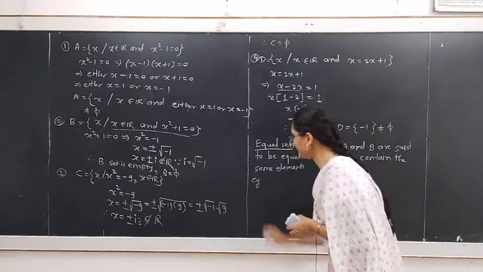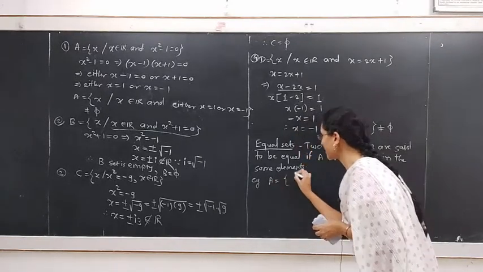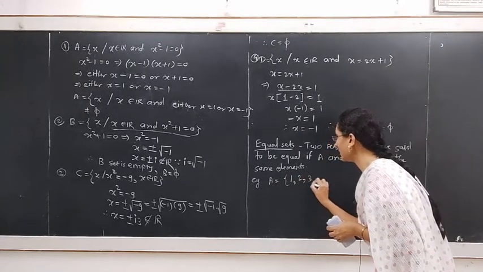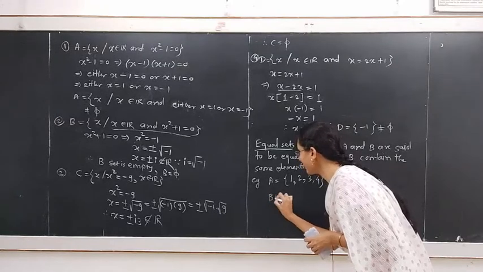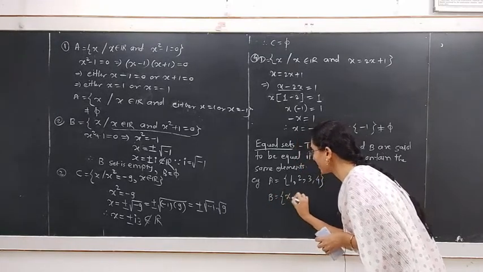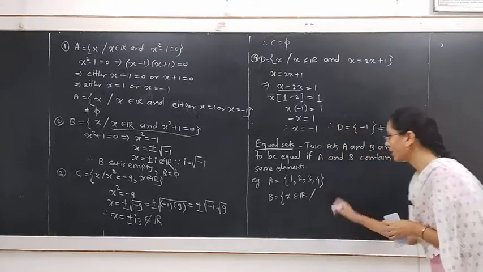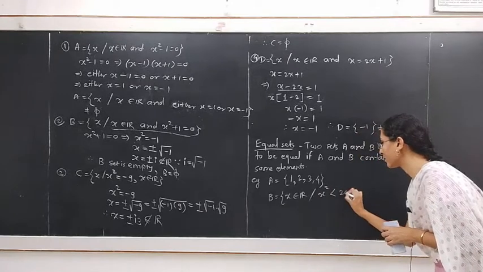For example, A set is the set of the elements 1, 2, 3, 4, and the set B is given by x belongs to R, where x square is less than 20.